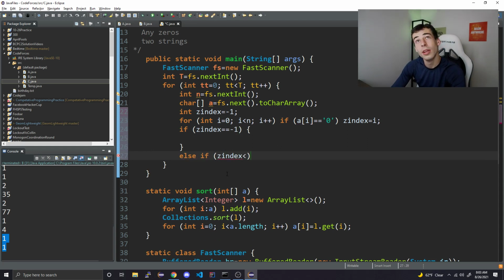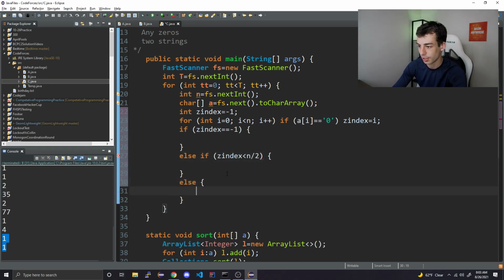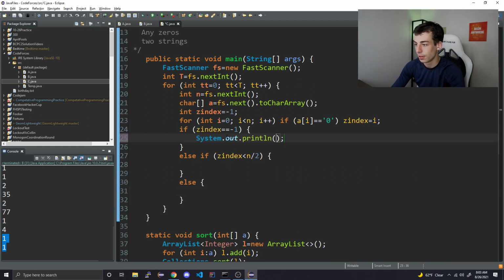If it's less than n/2, I think that would be one thing, and probably something else otherwise. So if this is the case, print 0 and n minus 1.